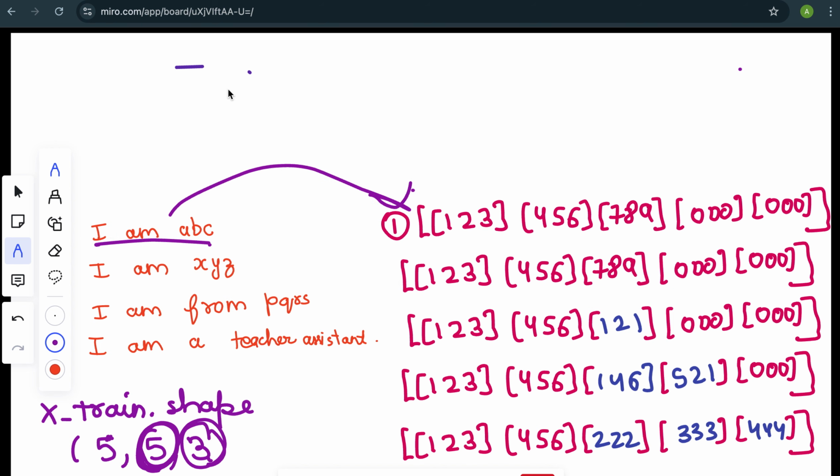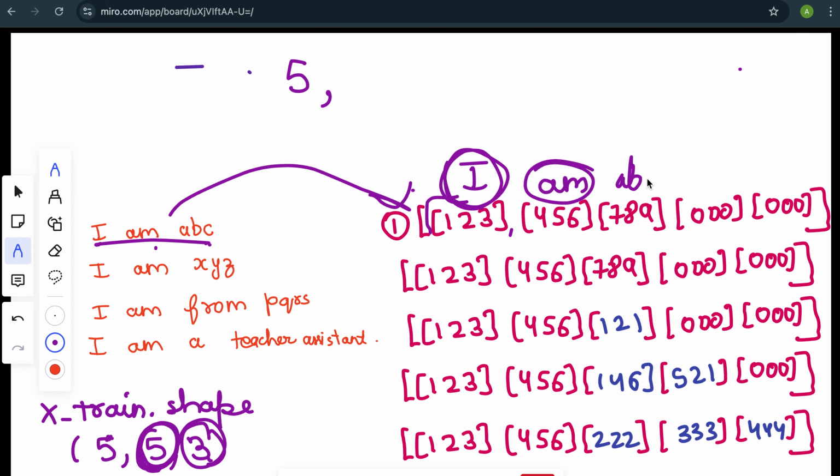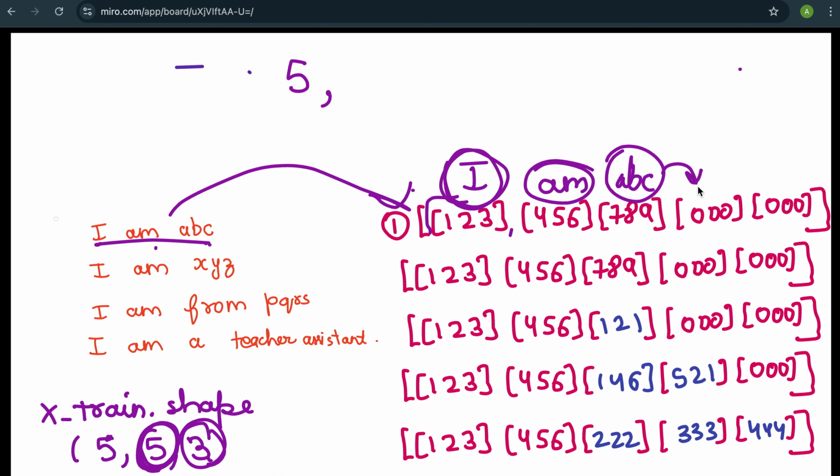First of all, how many sequences are there? There are 5 sequences, and in each sequence, how many times will the RNN unfold? It will unfold for I once, then for am, and then for ABC, and then it has to unfold 2 more times just for the sake of input shape consistency. So zeros will be processed after that, and obviously anything multiplied by 0 is always 0.